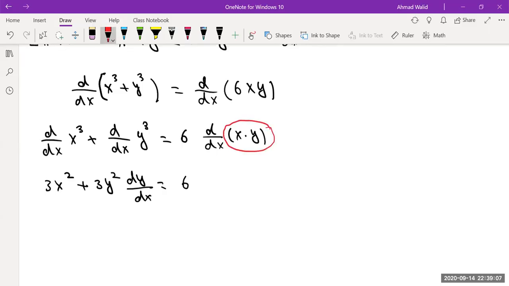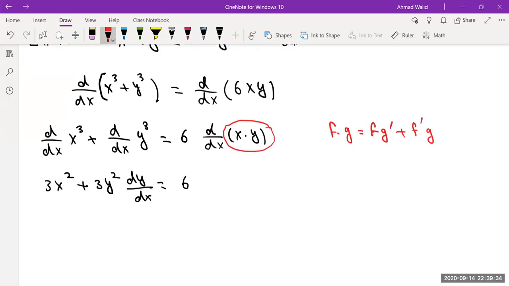You have d dx of x times y. Which rule should you apply? You should apply the product rule. Remember, your product rule is this: f times g equals f g prime plus f prime g. That's your rule for the product rule, right?